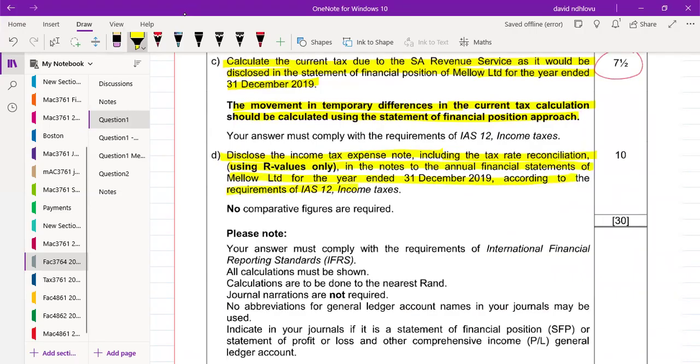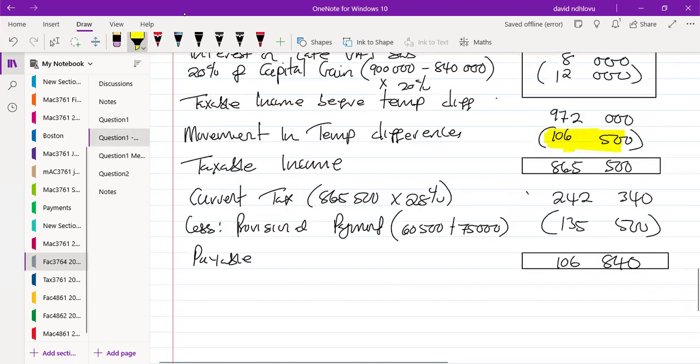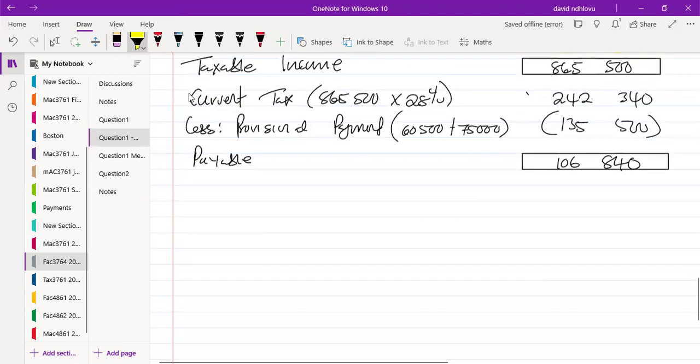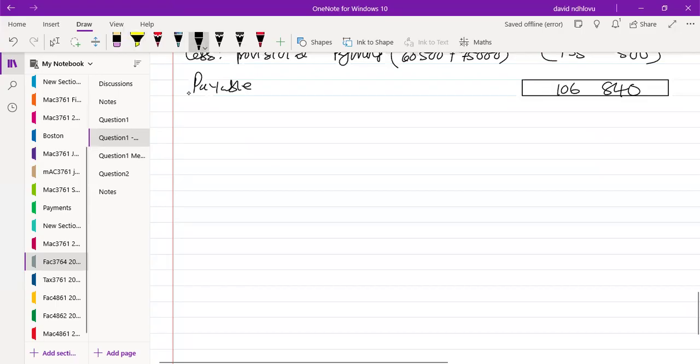Usually the calculation ends with a disclosure requirement. So I'm going to demonstrate how you show the disclosure for such a calculation. Let's go to number D.